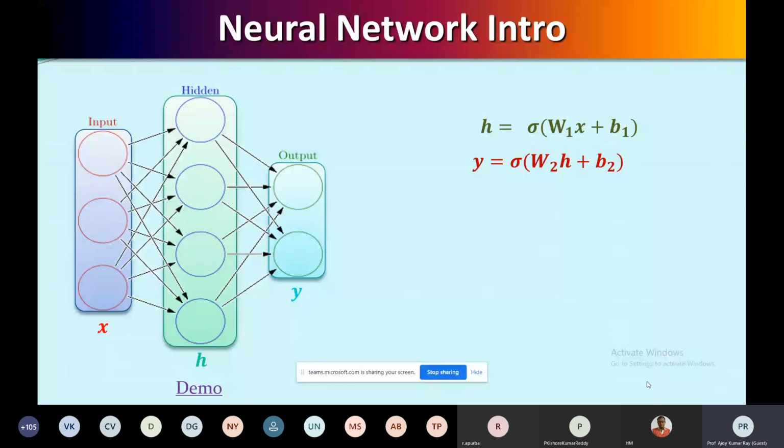So you may ask what is the utility of these hidden layer neurons? As you can see, all the inputs are connected with all the hidden layer neurons. Every input neuron is connected to all the hidden layer neurons. So this is a completely connected neural network.